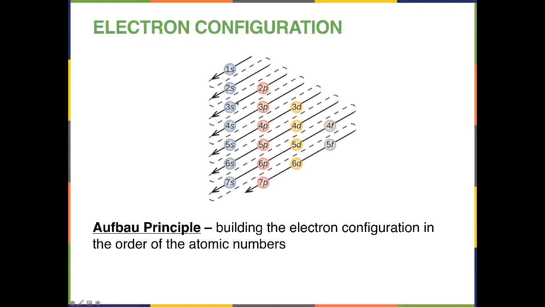And then 11, 12, atomic number 13, 14, 15, 16, 17, 18, 19, 20, etc. And that's how you build the configuration.